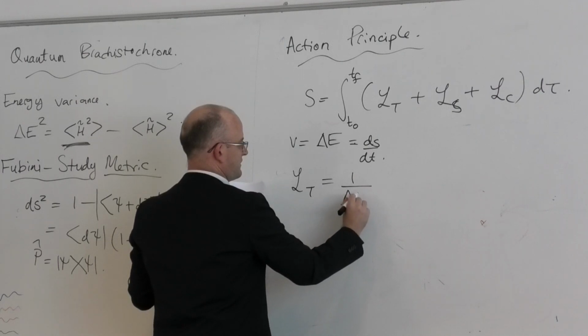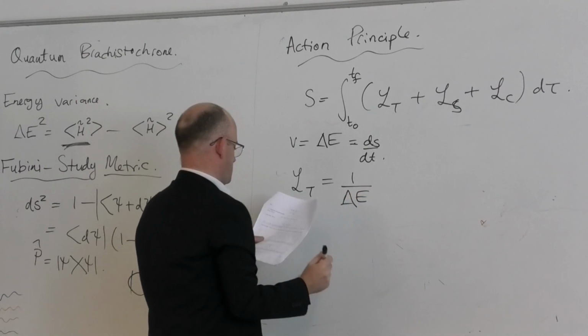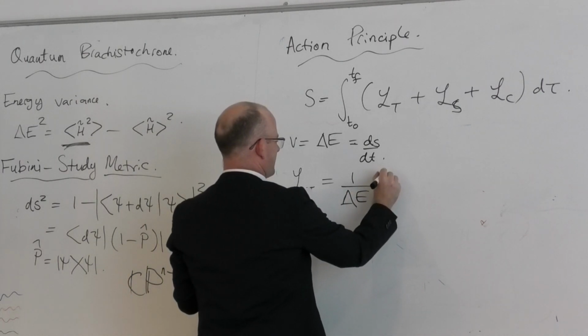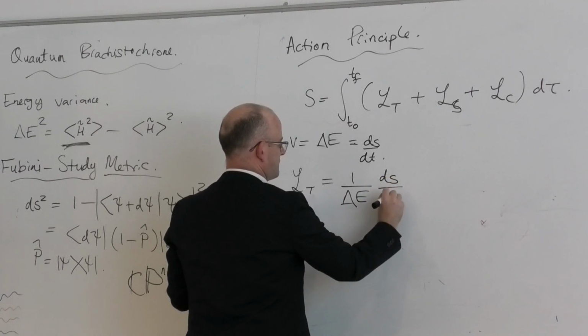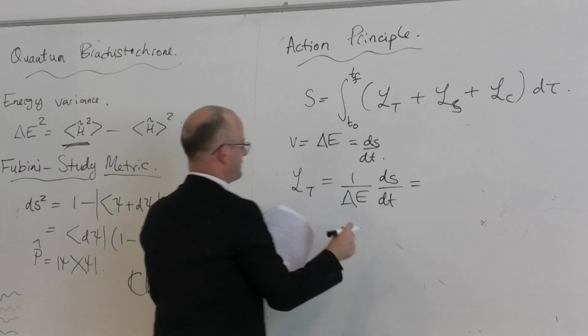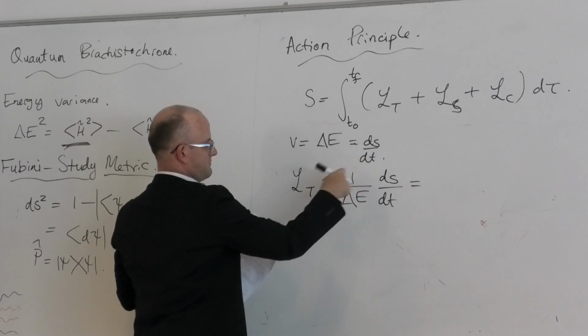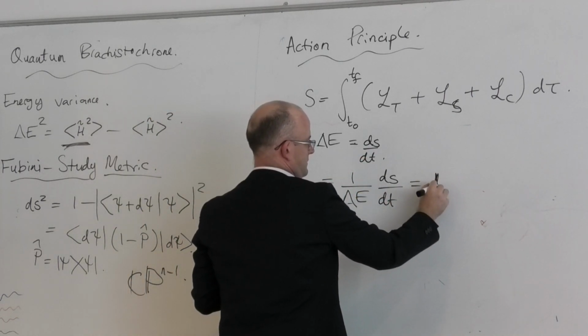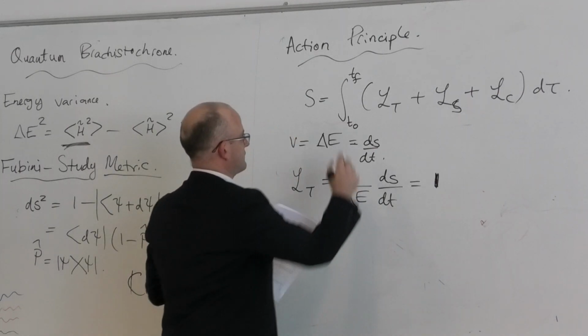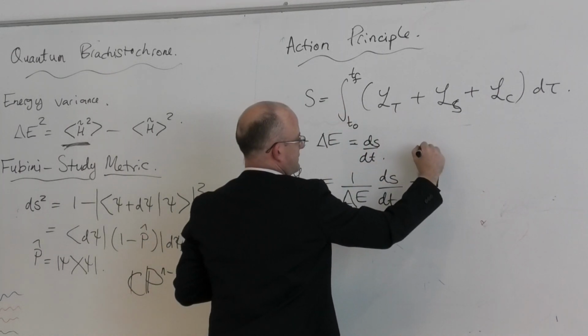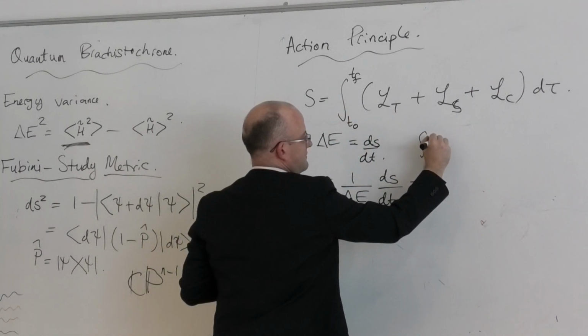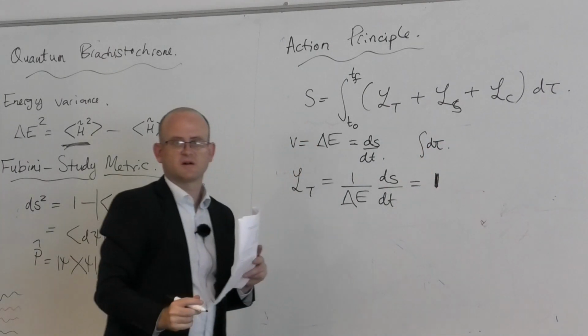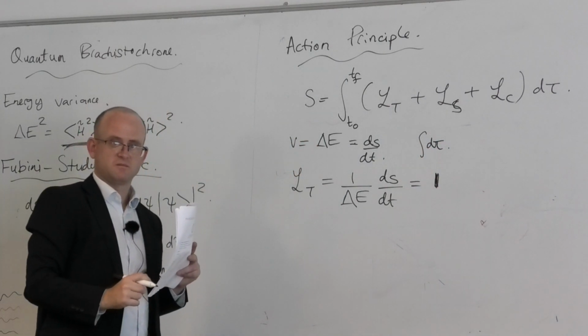So to minimize the time, and it's kind of a trick, but you'll understand when you do it. If I just write 1 over delta E ds dt, well that's equal to 1. So when I write it up here, that will be something like an integral of dt. So that will be minimizing the time taken.